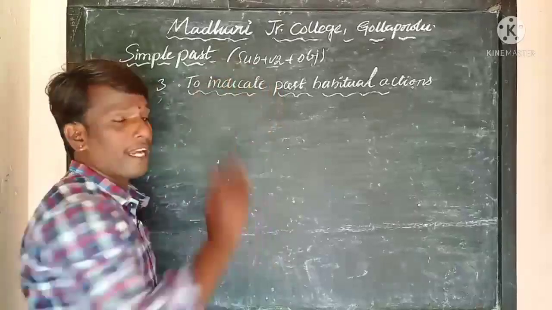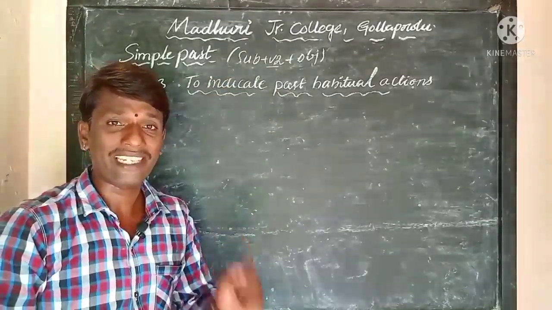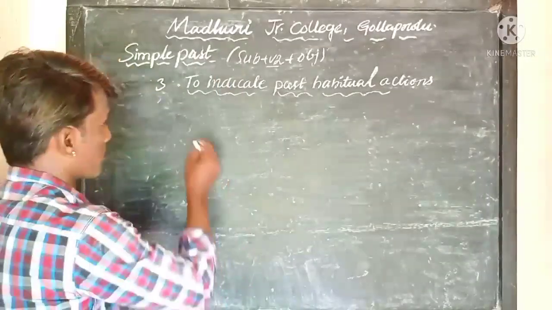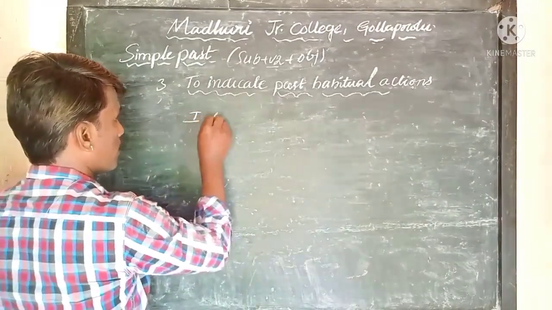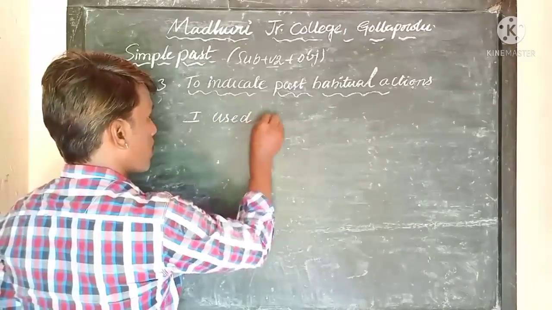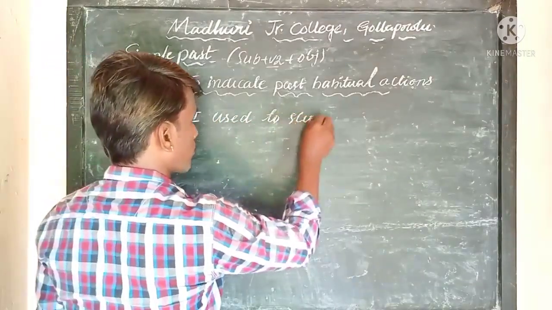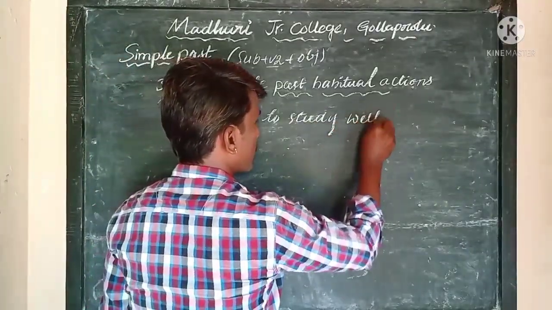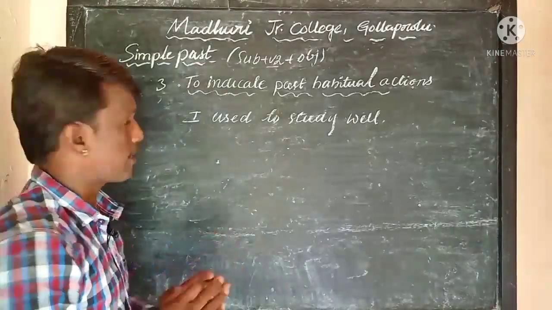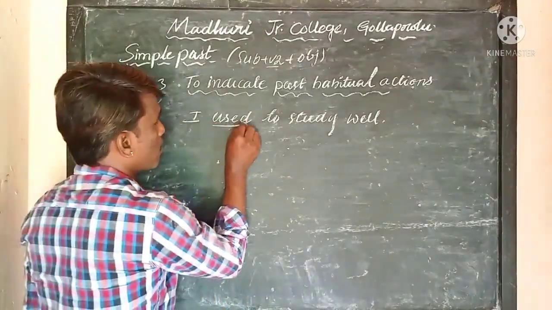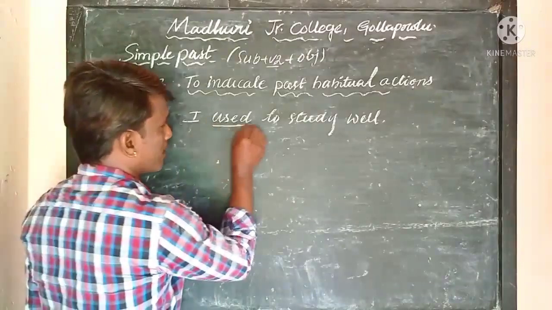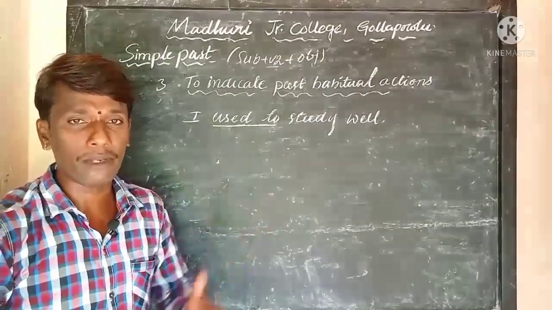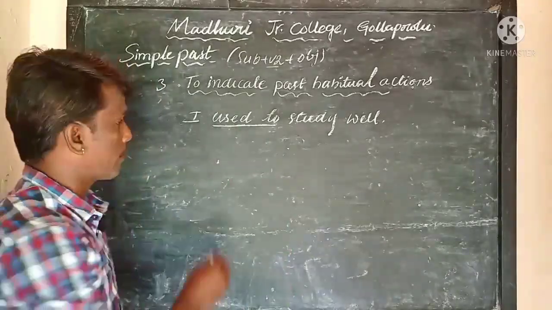These can be written in simple past tense using the structure subject plus V2 plus object. For example, I used to study well. This is the very best example. Actually "used to" is a modal auxiliary verb, but here it indicates past habitual actions. I used to study well.